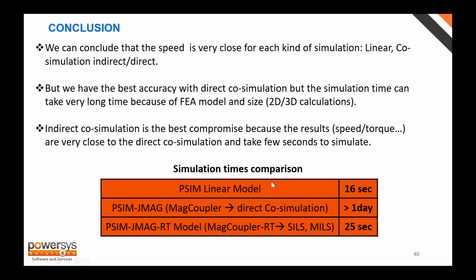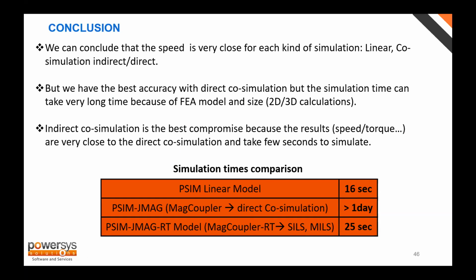If you use only PSIM and the linear model, it will take 16 seconds to simulate. If you use Gmag Designer to do the co-simulation, this simulation lasted more than 1 day, because Gmag Designer needs time to calculate and send data back and forth with PSIM.